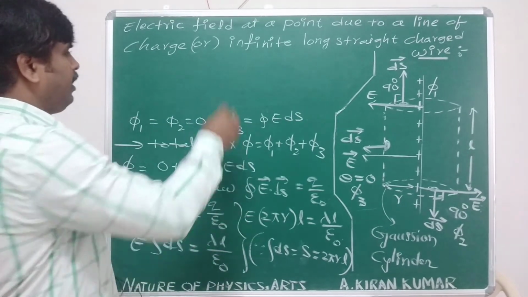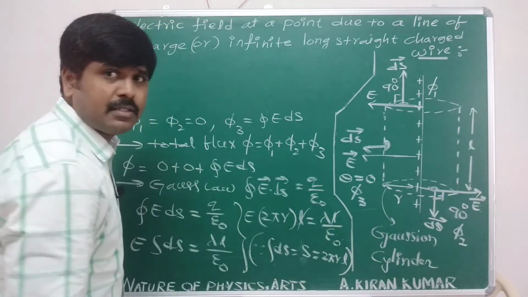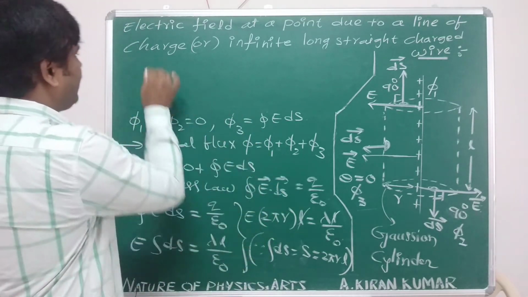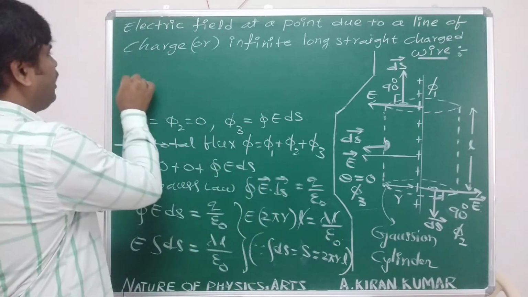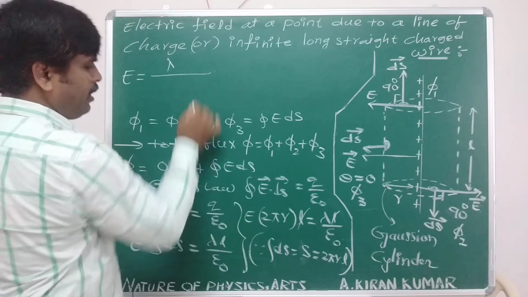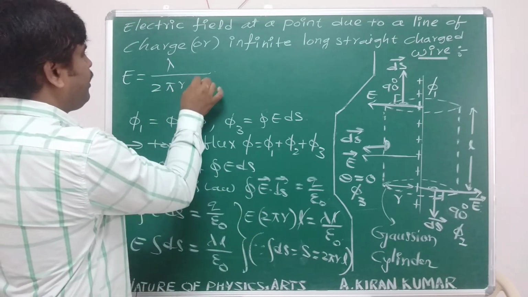Now here we already got this equation. L gets cancelled on both sides, so E is common, and I am going to find the electric field intensity. That is why E is equal to lambda divided by 2 pi r epsilon naught.